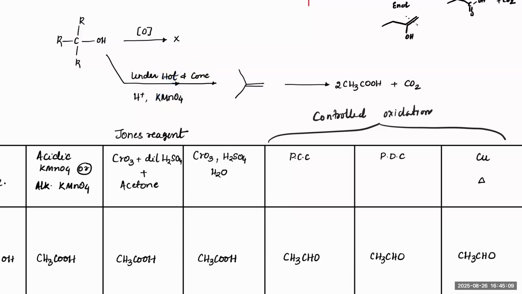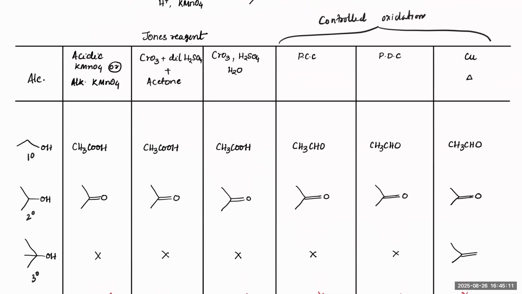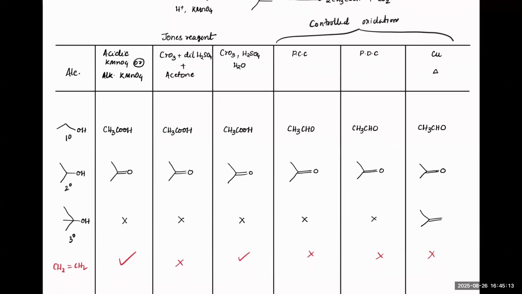Now, these are the typical reagents that you need to remember, which will give different products. So, how do you remember this? First set, the first three reagents, which is alkaline or acidic KMnO4, right? Then K2Cr2O7 in acidic medium.